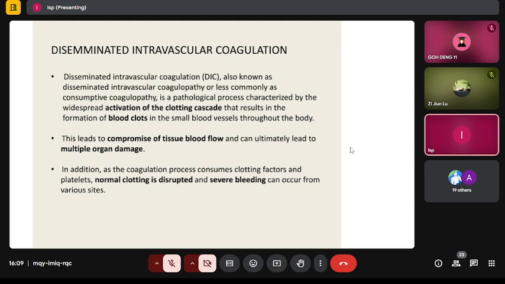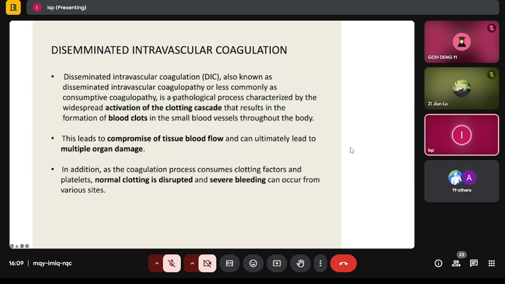Okay, another cause of bleeding is DIC, something I think you wouldn't see in your practice because patients will be very ill in the hospital. DIC is called disseminated intravascular coagulopathy or coagulation. It's something we call consumptive coagulopathy. Because of severe sepsis, there is a sudden activation of the coagulation cascade everywhere.